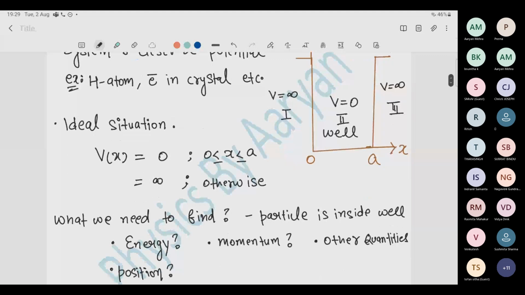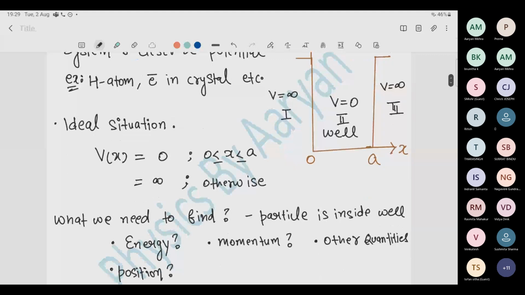Then we said it is a system in which potential is zero in some region and infinite in other regions. Then we said that we want to know all the physical quantities like energy, momentum, position, etc. of the particles inside this well.